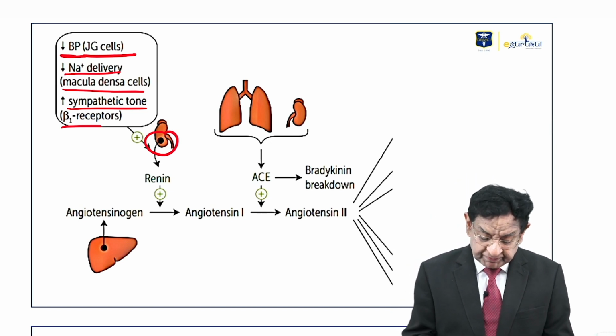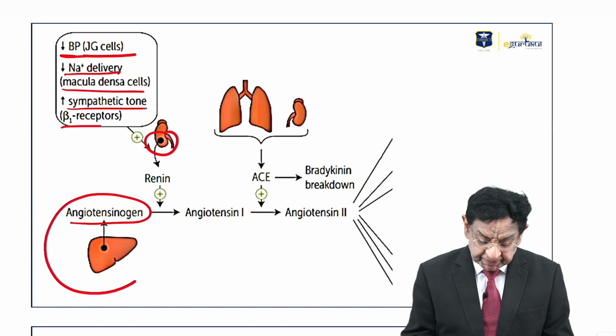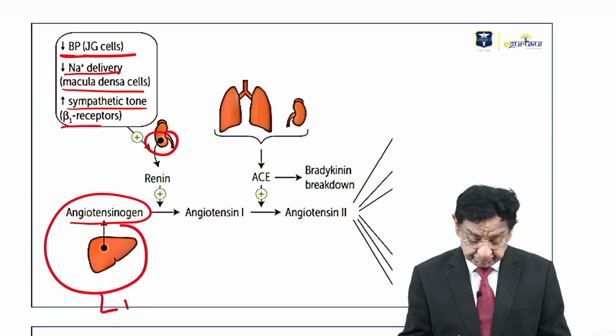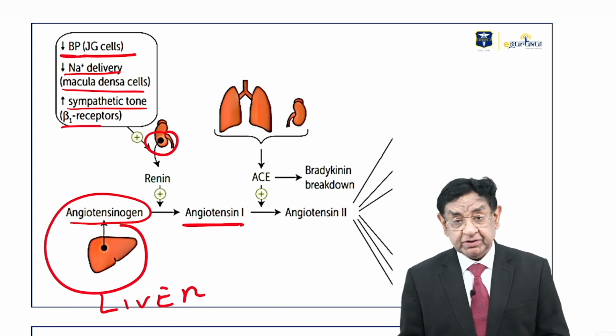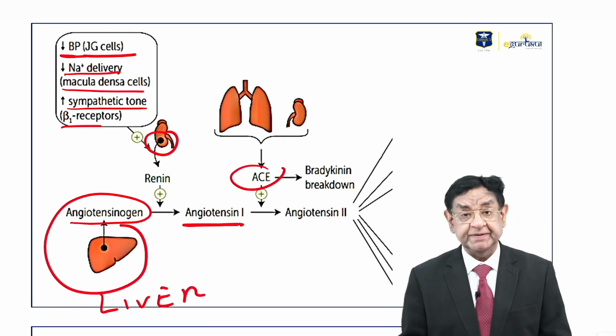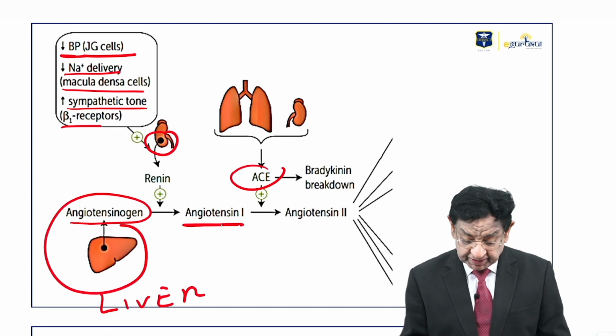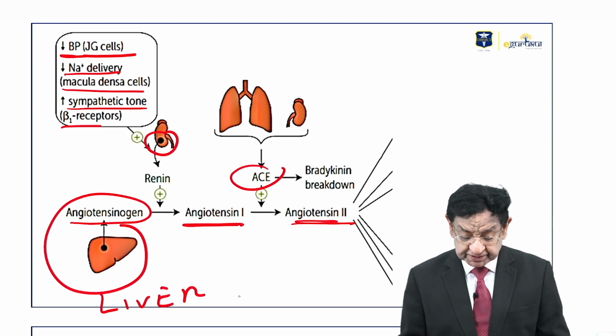Now this renin will act on angiotensinogen, which is coming from the liver, and convert angiotensinogen into angiotensin 1. Now, lung endothelium secretes ACE, and this will convert angiotensin 1 into angiotensin 2.